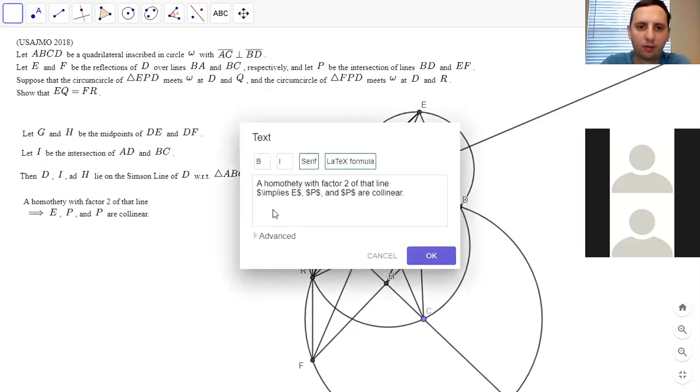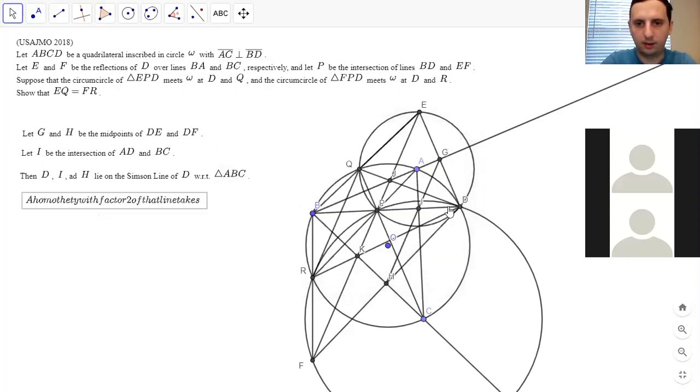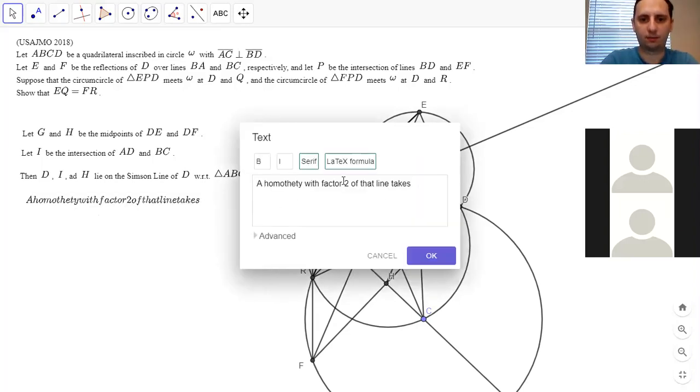So I'll say homothety with factor 2 of that line takes I to P. So it takes I to P, and that implies P is the orthocenter of triangle ABC.